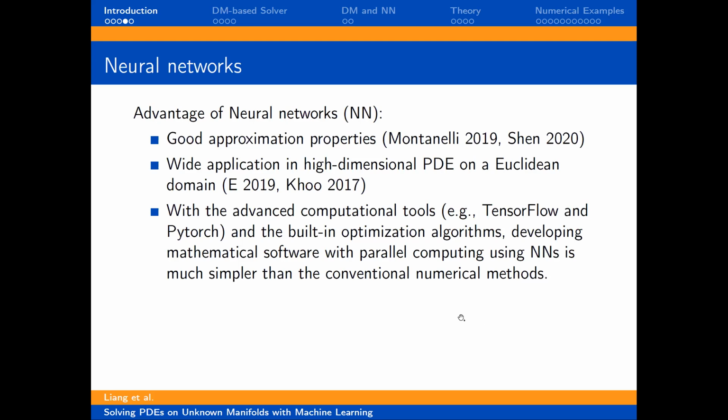They typically formulate the PDE problem as a regression problem, and the PDE solution is parameterized by the neural network. And lastly, with the development of computation tools like TensorFlow or PyTorch, and built-in optimization algorithms like stochastic gradient descent or ADAM, it is simpler than the conventional approach of developing mathematical software with parallel computing using neural networks.